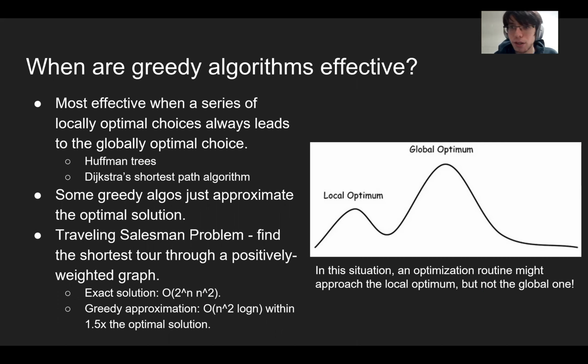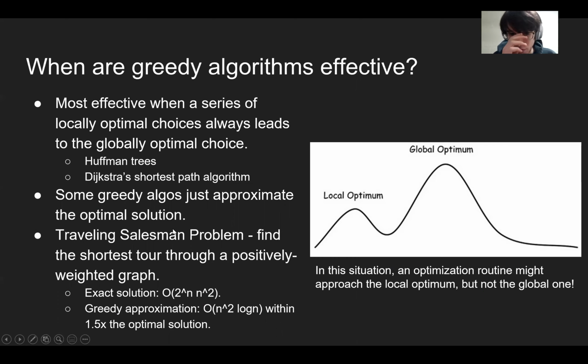At each step, that will get you the single source shortest path to all the vertices from your source. So just greedily choosing at each step will get you the optimal choice. Huffman trees, which we'll see in a minute, also work with greedy. But some are just approximate.